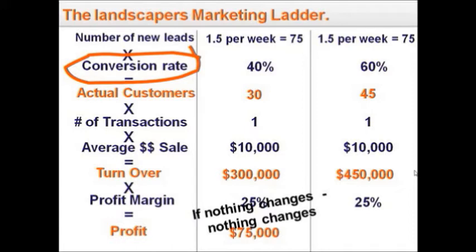Now if we still operate a 25% margin, you can see here by simply altering the conversion rate up to 60% how the profit for the business, and again before tax and before running expenses, increases from $75,000 up to $112,000. Now the difference is a decent chunk of change, I'm sure you'll agree. It starts to make more sense to be in business simply by altering the conversion rate.